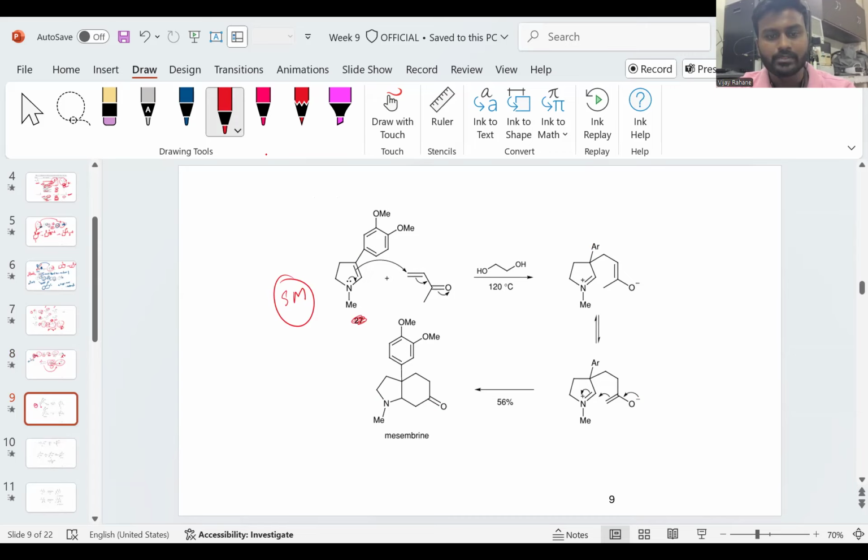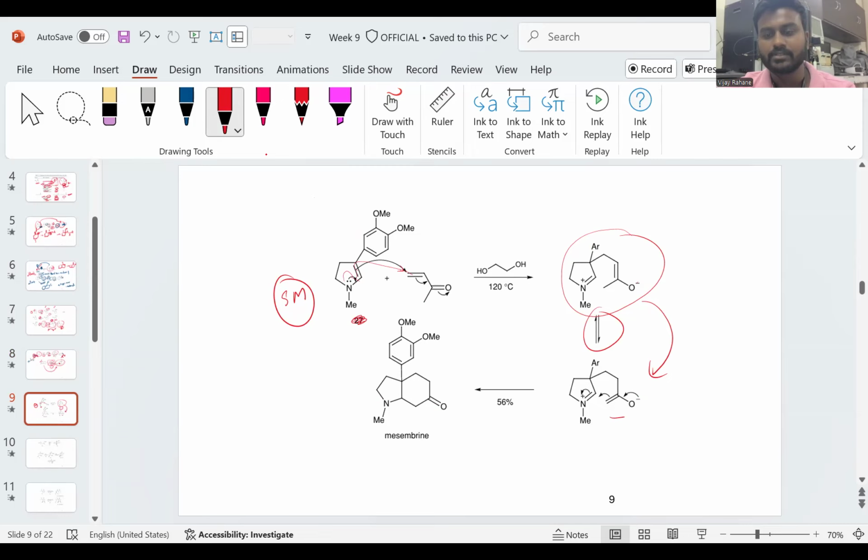The lone pair of nitrogen gets into conjugation, followed by the nucleophilic attack at this fourth position. 1,4 addition takes place in this case, and we get an enolate in this manner, and this enolate further rearranges because it is in thermodynamic equilibrium. So it forms from one enolate to another enolate. This is just the transfer of the double bond from here to here.